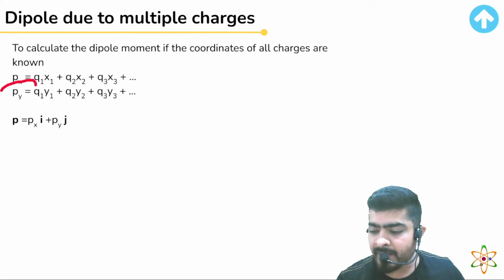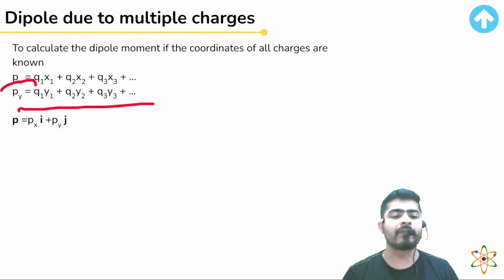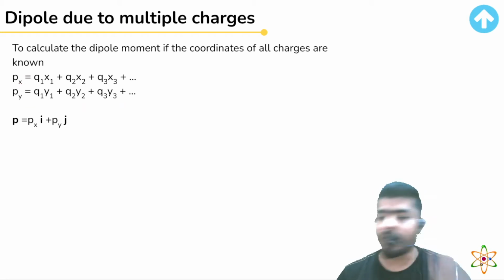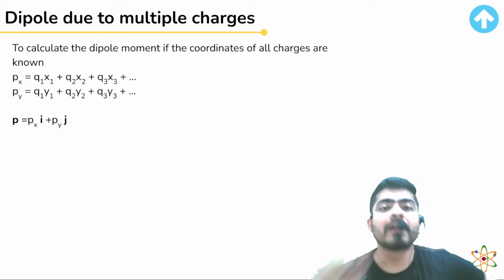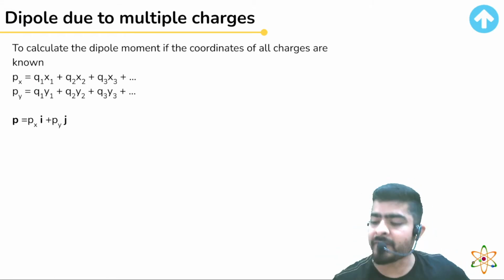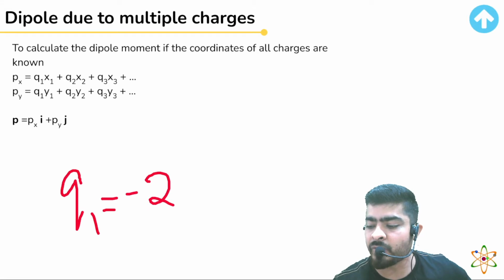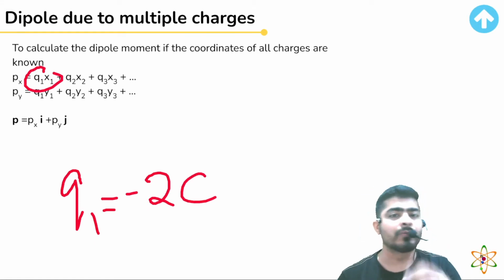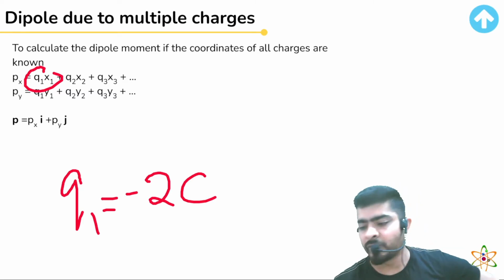Similarly, py is q1 y1 plus q2 y2 plus q3 y3. The important point to note is that the sign of the charge is important. Let's say if q1 is minus 2 coulomb, then you should put minus 2 over here. Don't put the mod value.